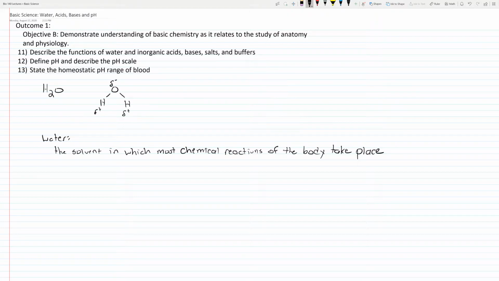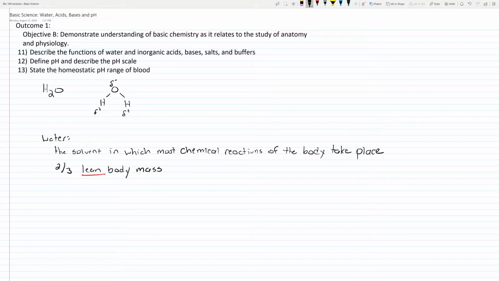Okay? Water is approximately 2/3 of lean body mass. Notice here I put lean body mass.